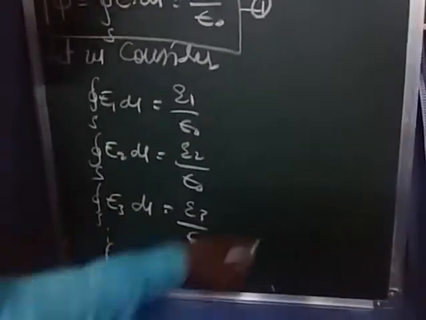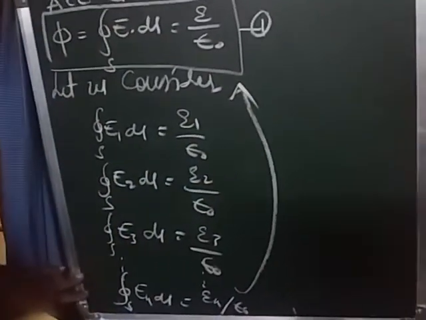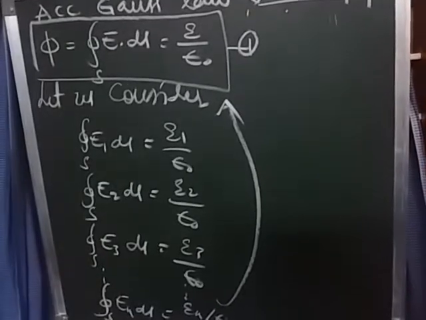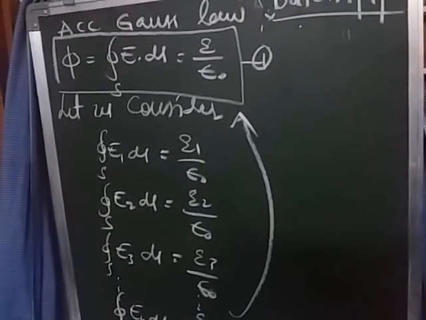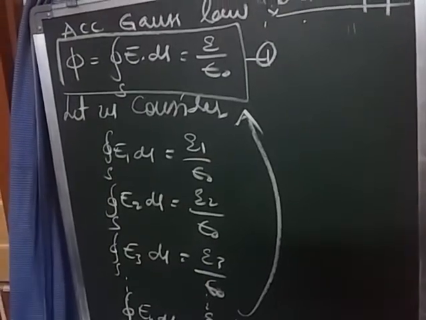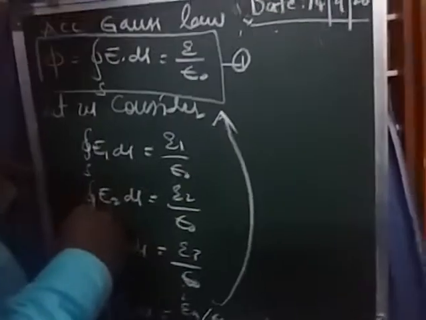Now we substitute these values into the above equation, to determine the total electrical flux passing through the unit cross-section area.